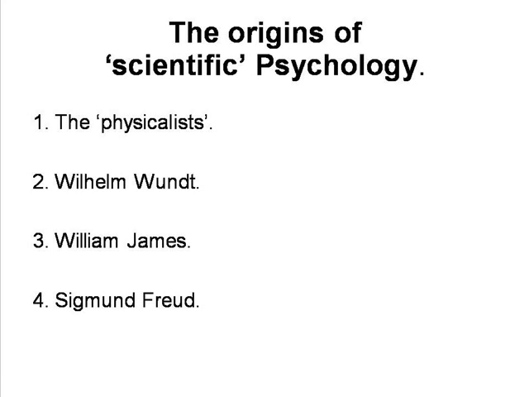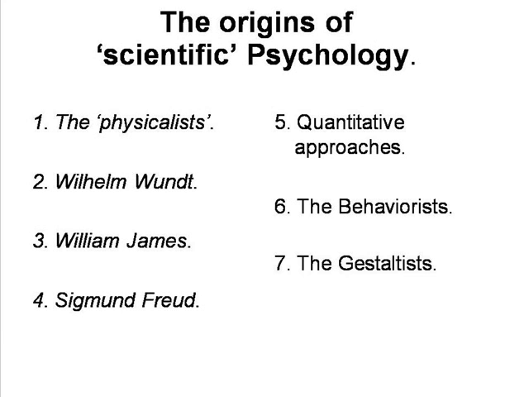Wilhelm Wundt, the late 19th century German academic, often described as the father of psychology. William James, the late 19th century American philosopher, who was largely responsible for popularizing psychology in the United States. Sigmund Freud, the Austrian originator of psychoanalysis and the modern conception of the unconscious.